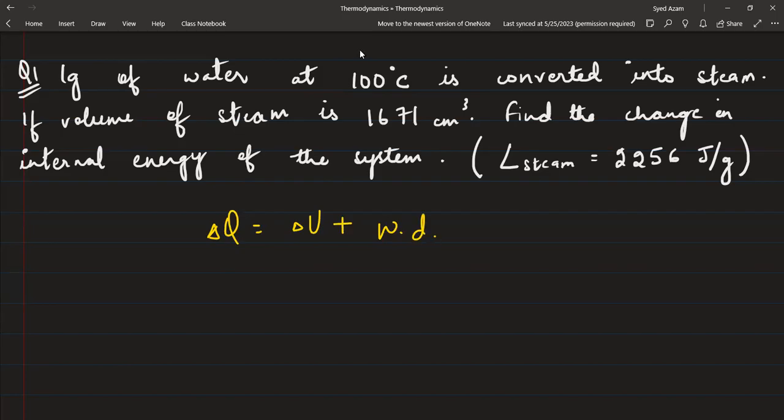Now, what all things are given? For delta Q, what can we do? L is given. So how do we calculate the heat when latent heat is given? Aleena, say. How will we calculate delta Q when L is given?